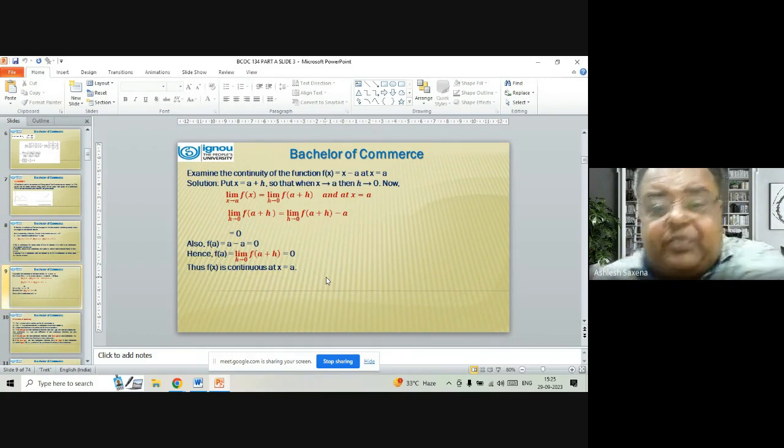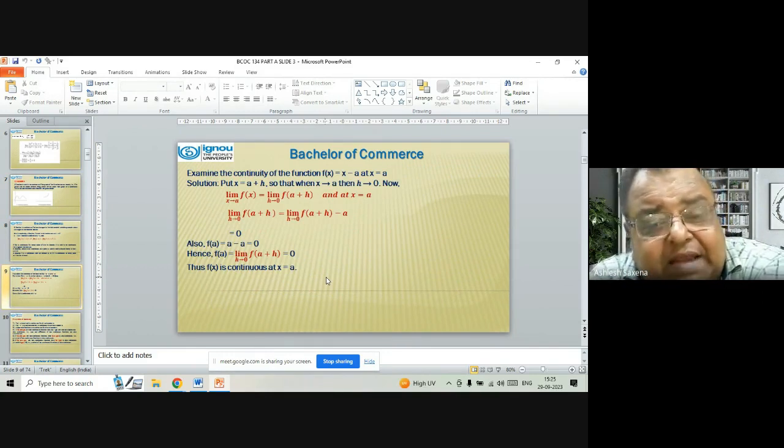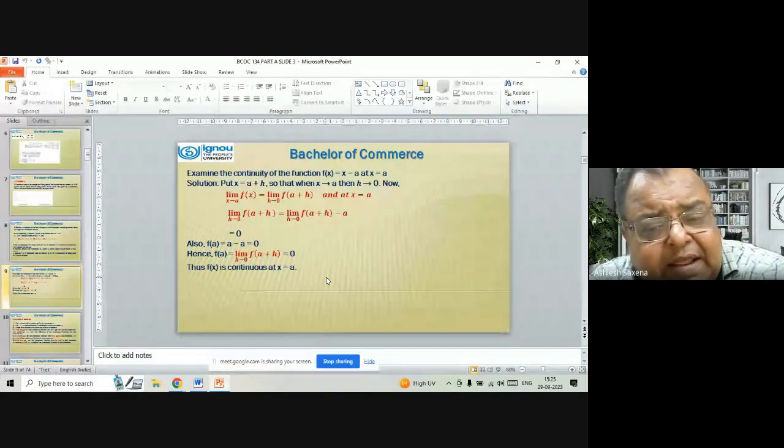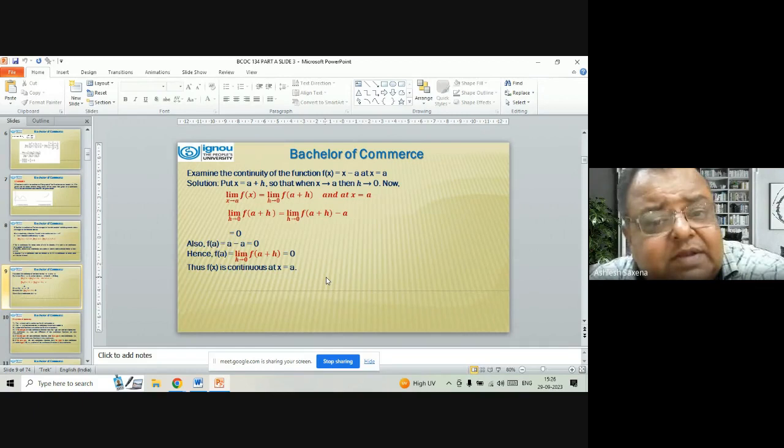Now we see. We will examine the continuity of a function. The function is f(x) equal to x minus a, and we have to check the continuity at x equal to a. So straight away what we will be doing? We will be adding a constant h to a. That means we will be substituting x by a plus h.